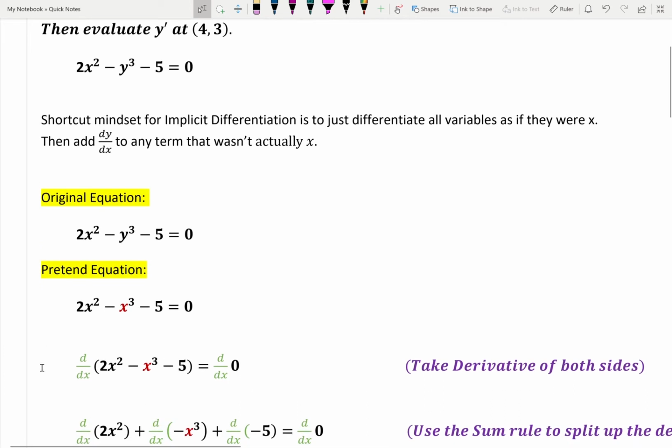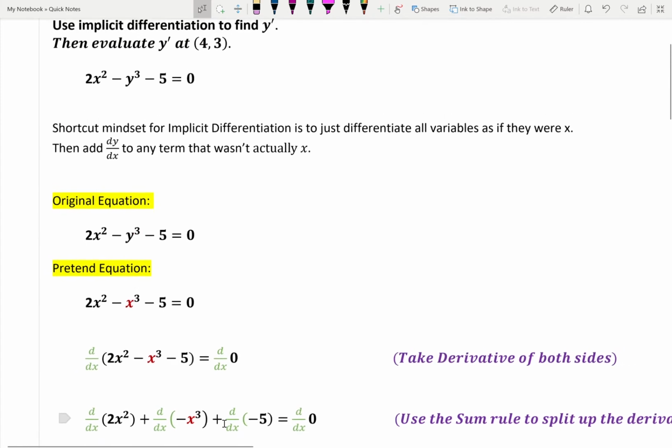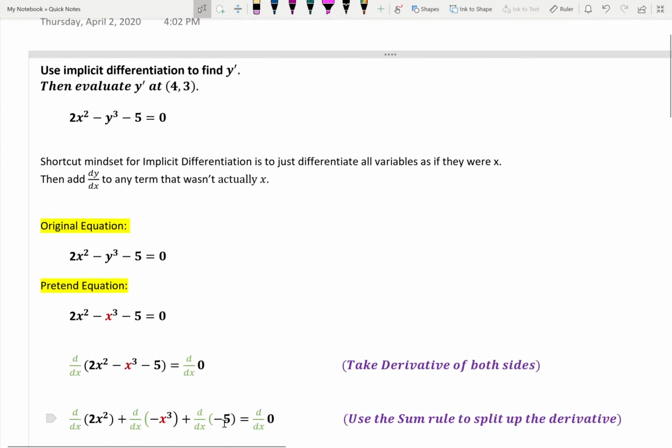Now this is standard procedure. If I have the derivative of something like this, I just distribute that d dx across. That's using the sum rule that we went over a while ago. Then I differentiate each of these terms. The last two terms, d dx of 0 and d dx of minus 5, are super easy because they're both constants.